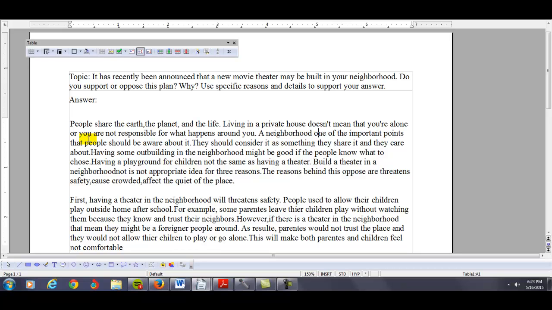A neighborhood is one of the important points that people should be aware of. Again, when we say aware, we say of. And because you said the word that here, there's no need to use the word it because that replaces that word. They should consider it as something they share.